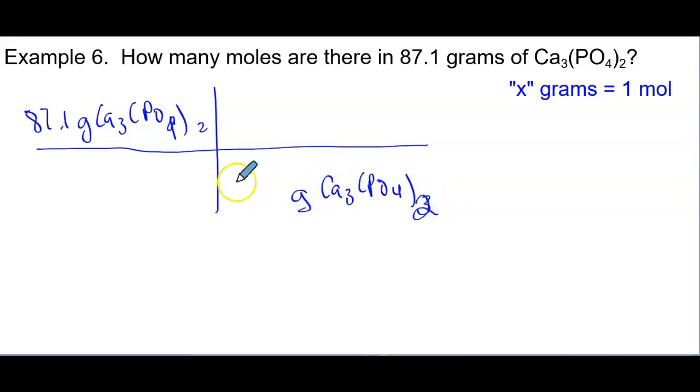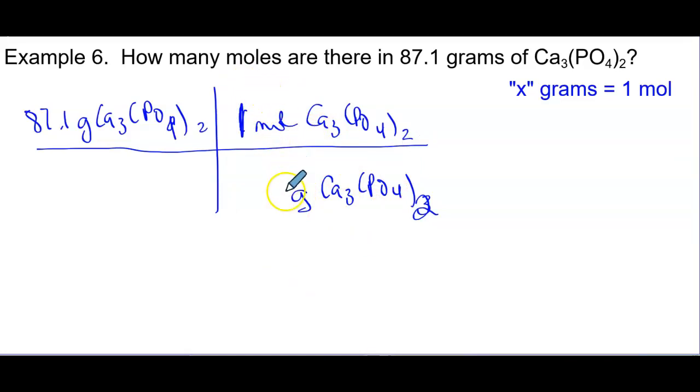If we have grams of something, the conversion factor will be 1 mole of that something. So if we're using a conversion factor with grams, one box has to be grams of that chemical, and the other box has to be 1 mole of that chemical.